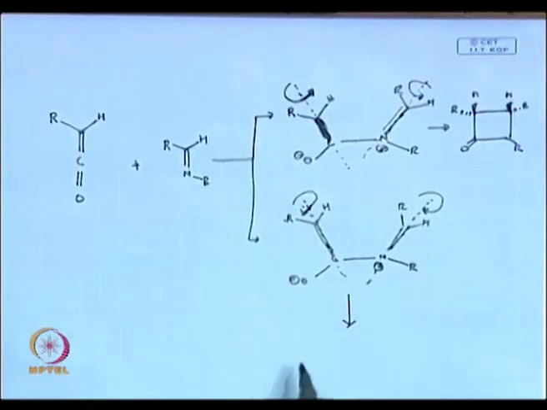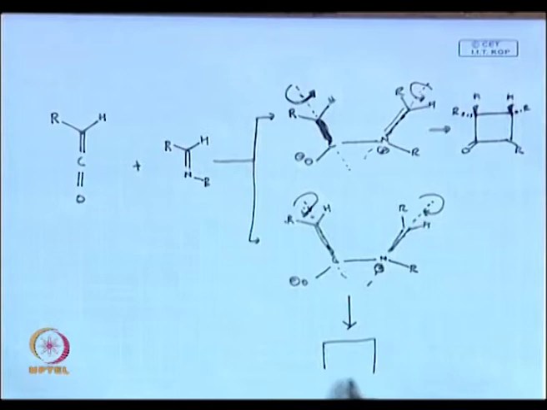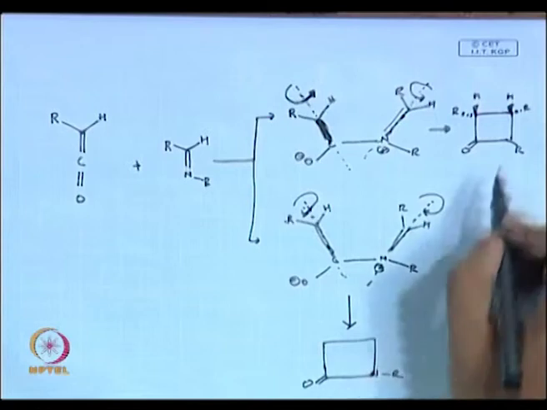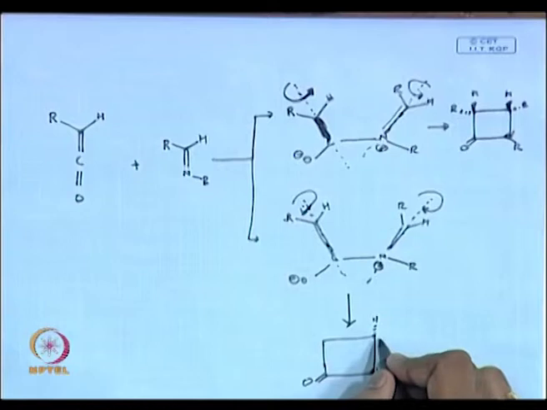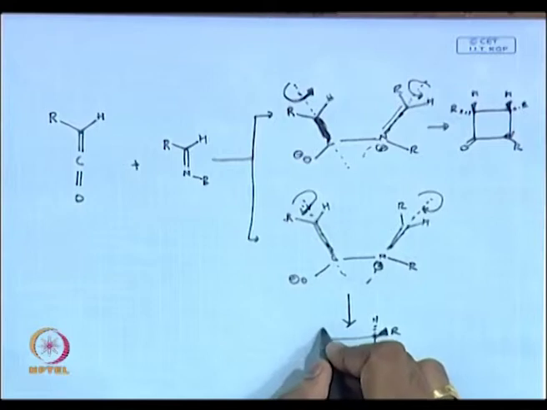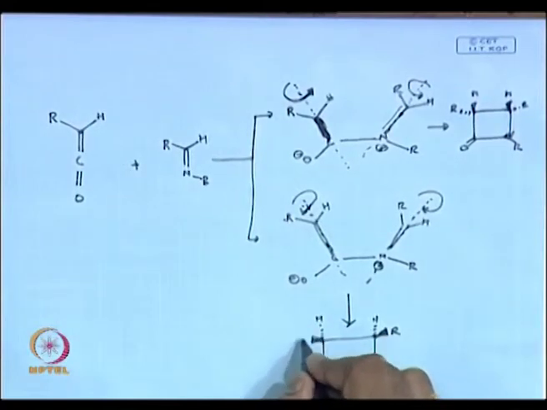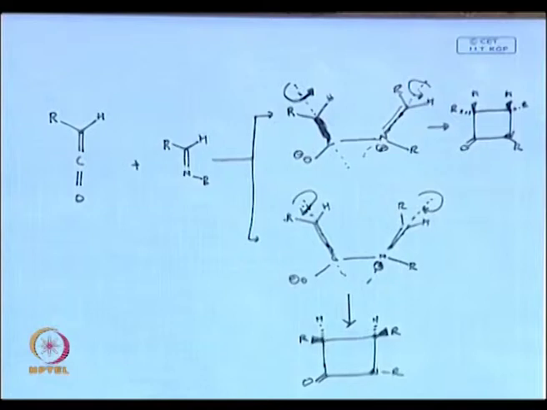If you think about it the other way, then you end up with carbonyl, NR, then you have a hydrogen. So the other way around. It's nice, right. You are doing conrotatory, and you get one or the other. So those are the two ways you can think about writing this product, and it comes out nicely.